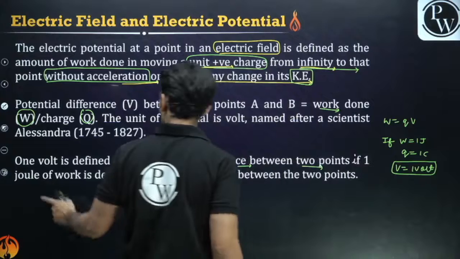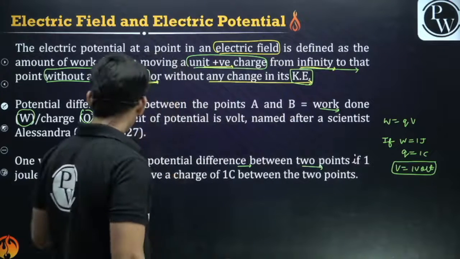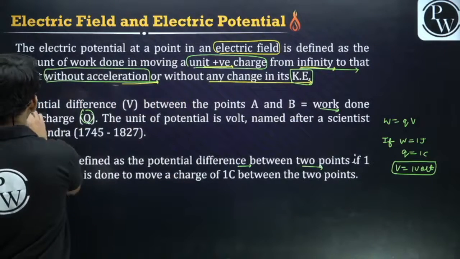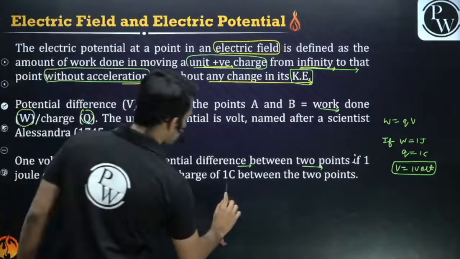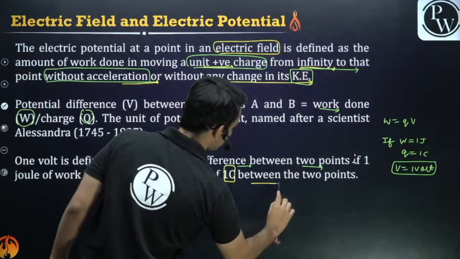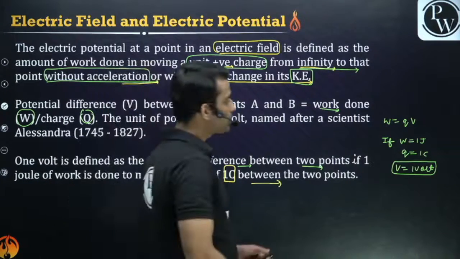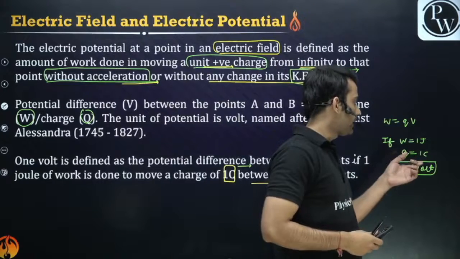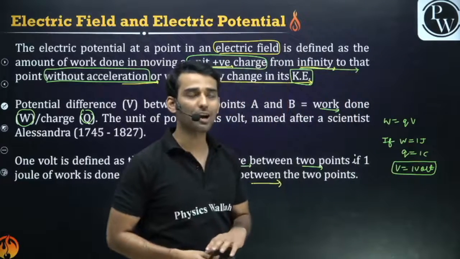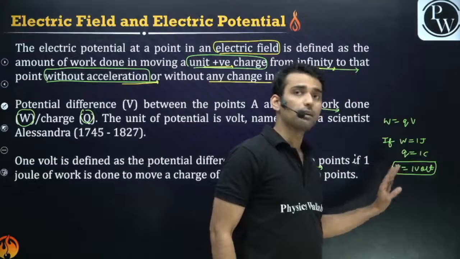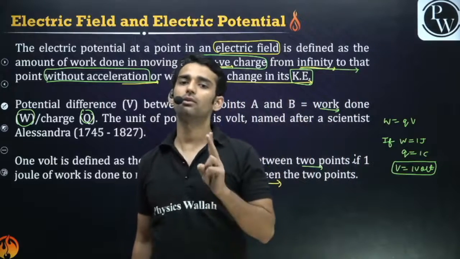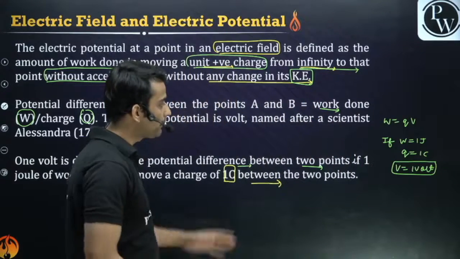If 1 joule of work is done to move a charge of 1 coulomb between 2 points, the potential difference between those points is said to be 1 volt.